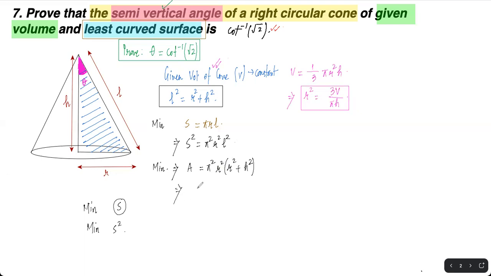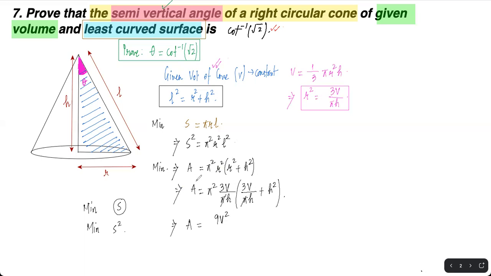So my capital A is equal to pi square. Instead of R square, I will put 3 times volume by pi H. Bracket में 3 times volume by pi H. And with that, I have a H square. I'm still not boxing up my area equation because I want to simplify it. I'll open the bracket. 3v into 3v, it becomes 9v square.